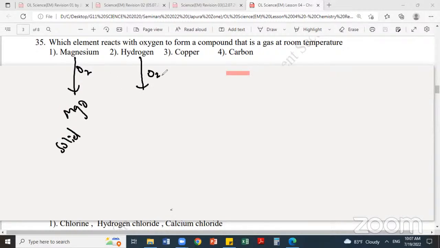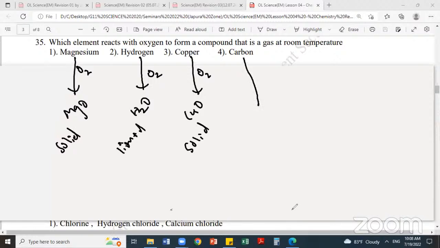Hydrogen combines with oxygen to form water, H2O. It's a liquid. Copper combines with oxygen to form copper oxide. It is a black solid. Carbon combines with oxygen to form carbon dioxide, CO2.